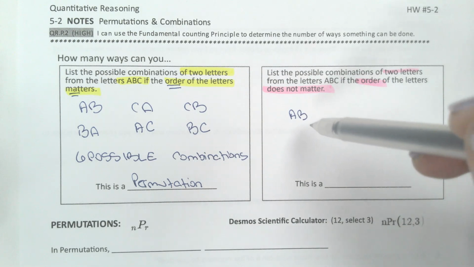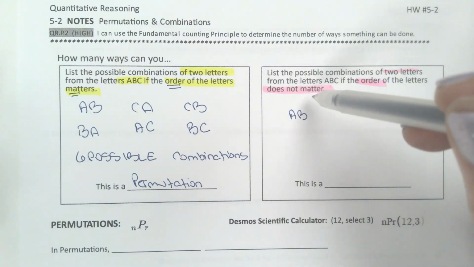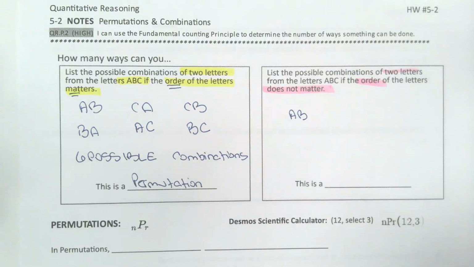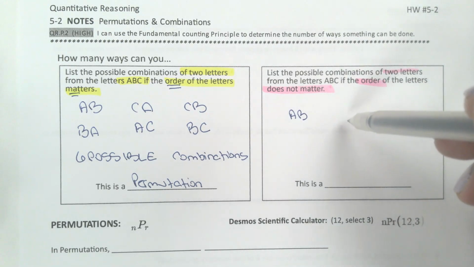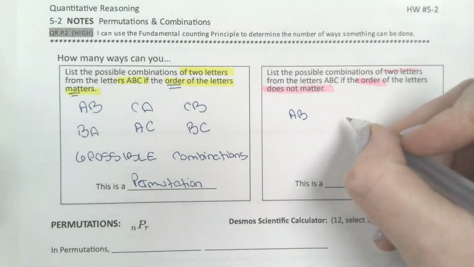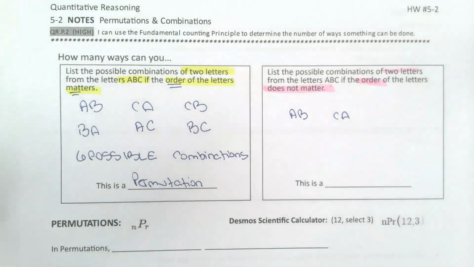No, I cannot put BA over here because if the order does not matter, AB and BA are the same thing. So what else can I use that doesn't involve AB together? Yep, CA. And is there one more?